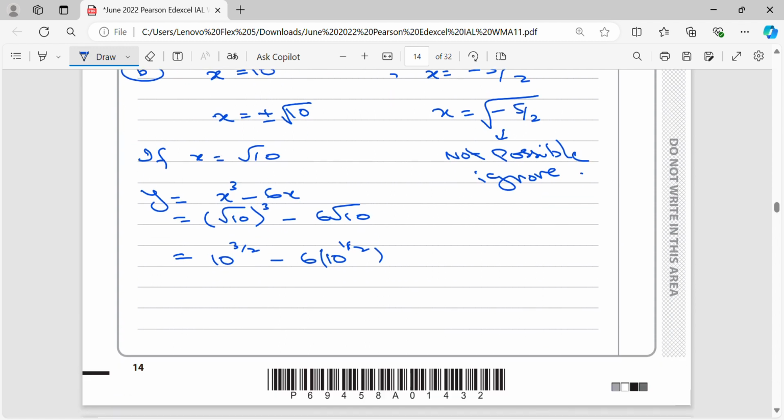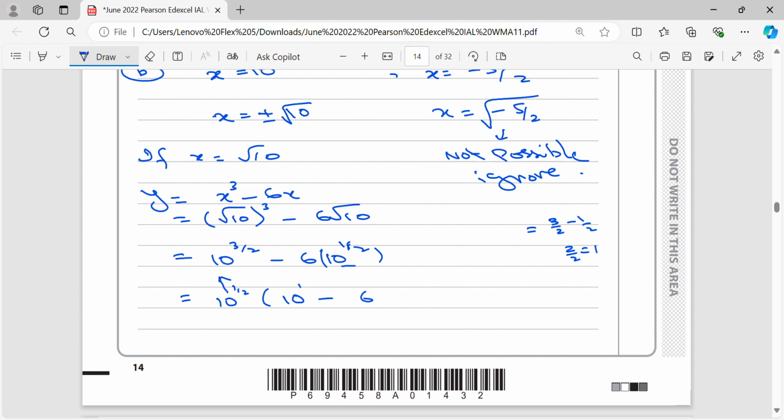So from here I can simplify it. I can take 10 raised to power 1 over 2 common. So what is left? 10 raised to power 3 over 2 divided by 10 raised to power 1 over 2. So when it divides, we subtract the powers, which is 2 over 2, and that is 1. So 10 is left with power 1, minus 6.